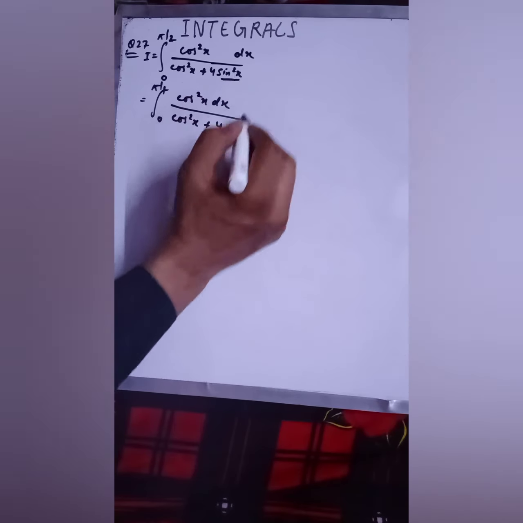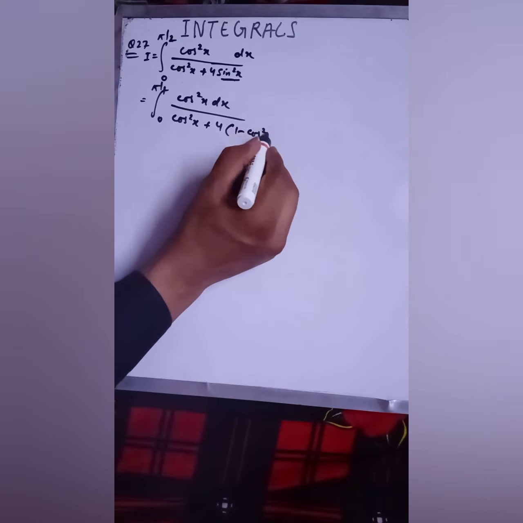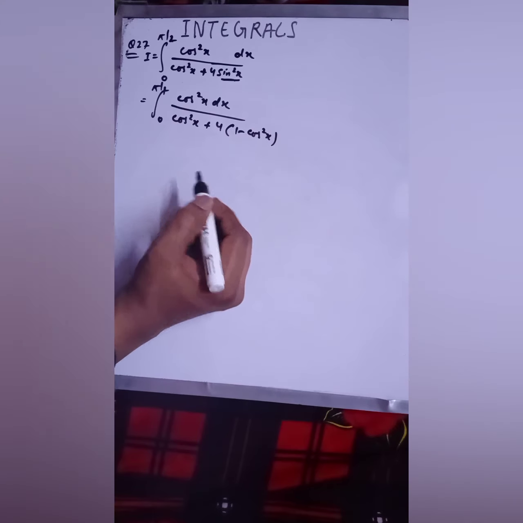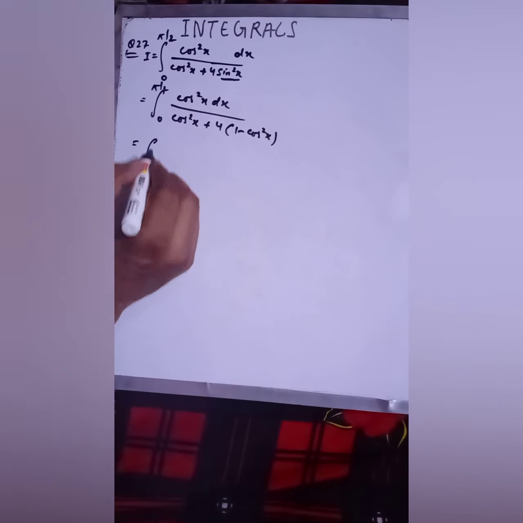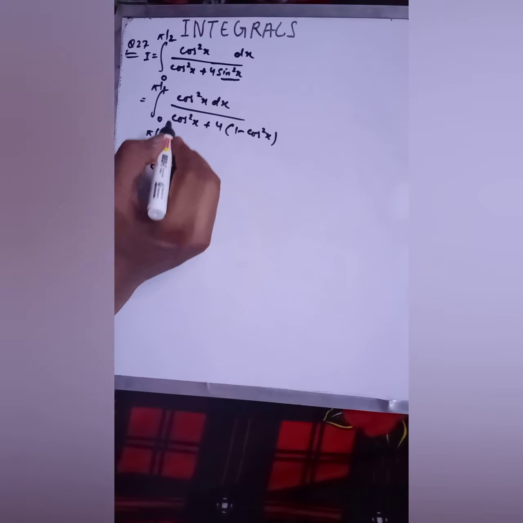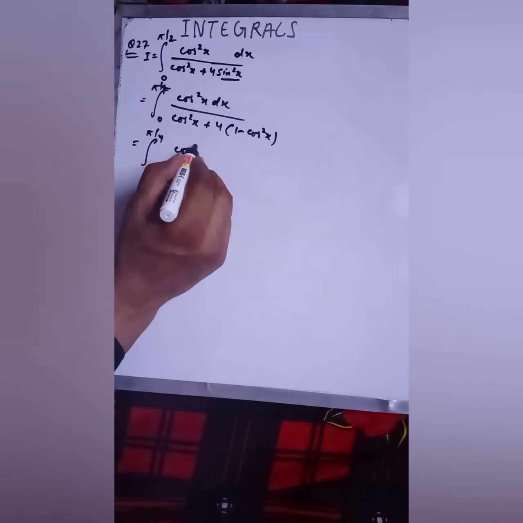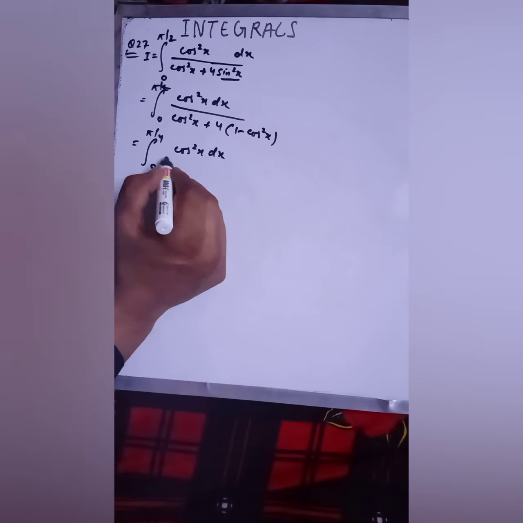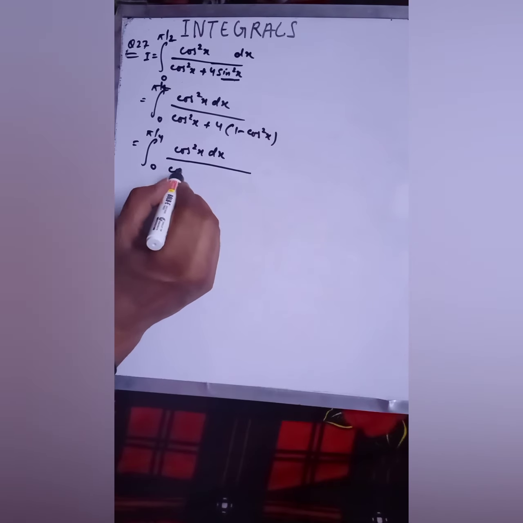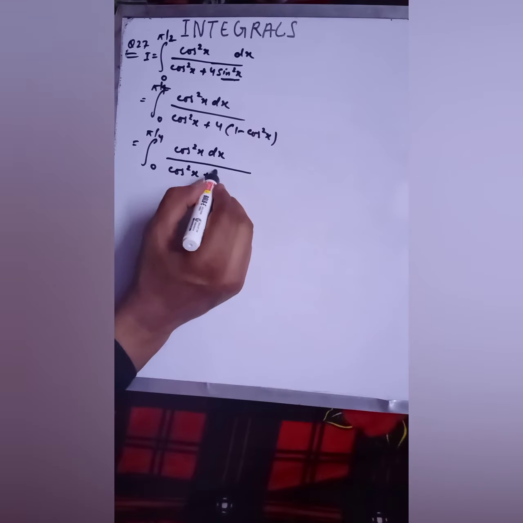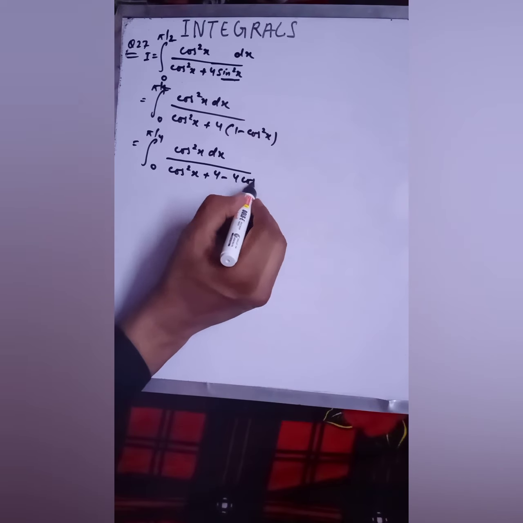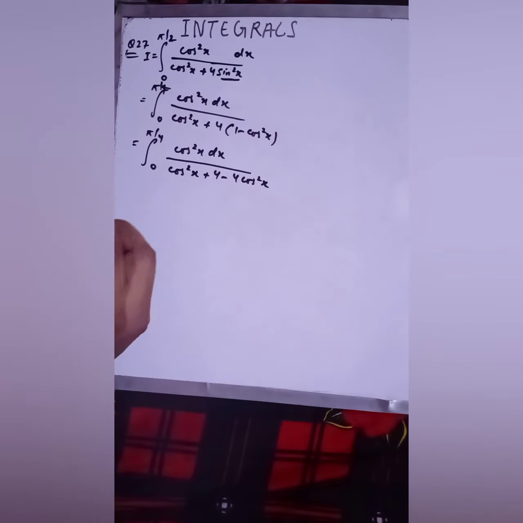तो मैं इसके प्लेस पर 1 minus cos square पुट कर रहा हूँ. Okay, just simplify it. This is also 0 to pi by 4, and here you have to write cos square x into dx over cos square x plus 4 minus 4 cos square x.